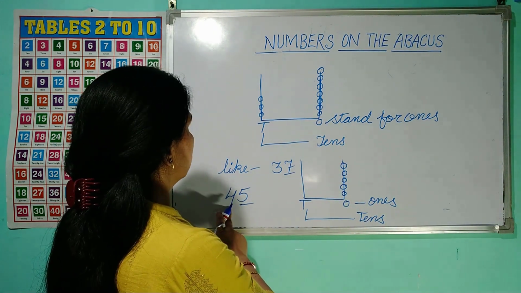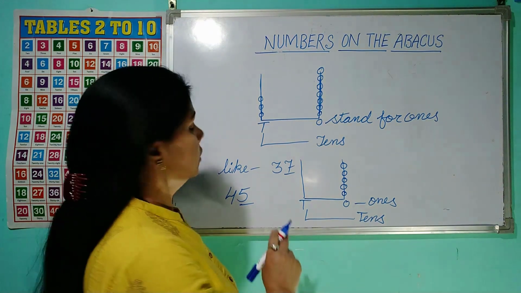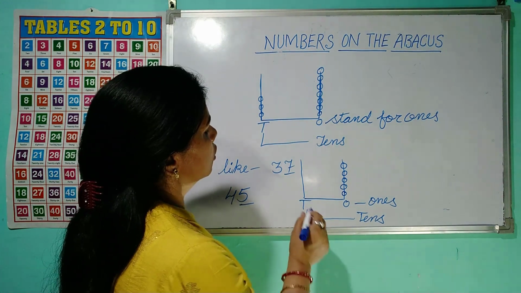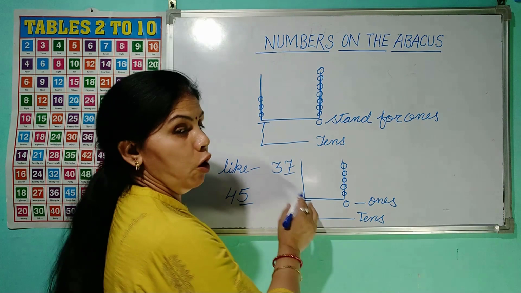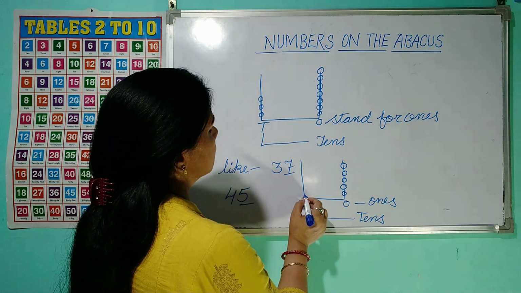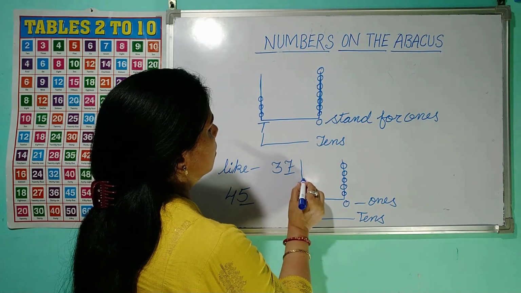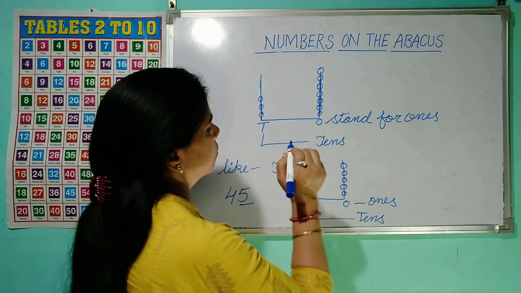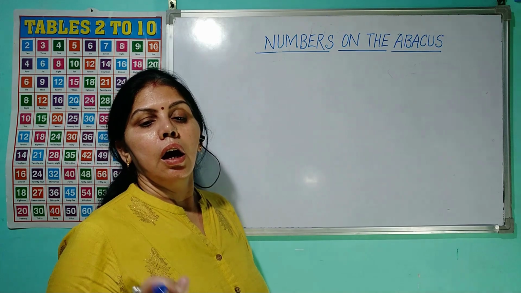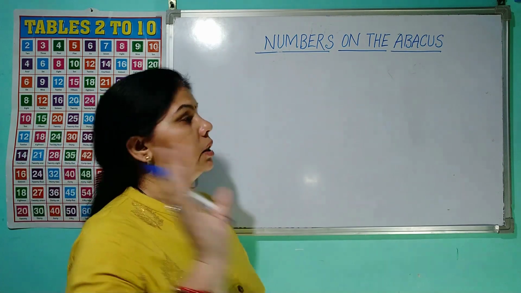And 4 is on tens place. So we draw 4 beads in 10 spikes. 1, 2, 3, 4. Next हम इसका रिवर्स करते हैं.